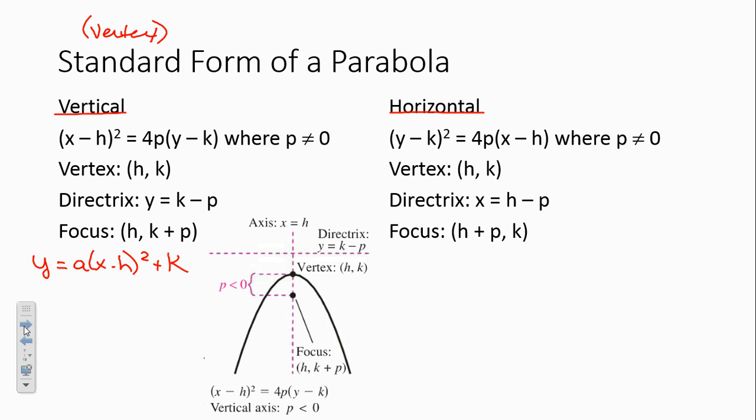The directrix is now x equals h minus p. And the focus is the point (h plus p, k). But again, don't focus so much on how to get the directrix and focus from the equation, because we're going to talk about the focus being inside and the directrix being outside, p units away. So it's not going to be a lot of formulas to memorize.